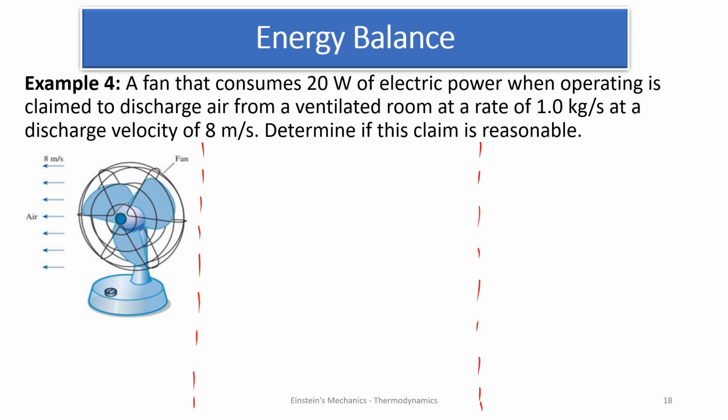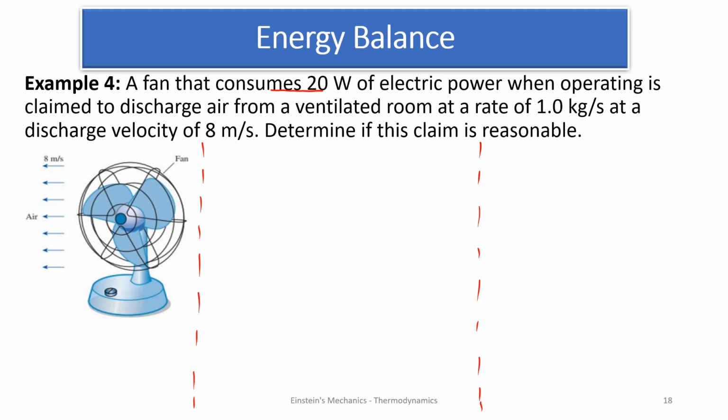A fan that consumes 200 watts of electric power when operating is claimed to discharge air from a ventilated room at a rate of 1 kilogram per second at a discharge velocity of 8 meter per second. Determine if this claim is reasonable.